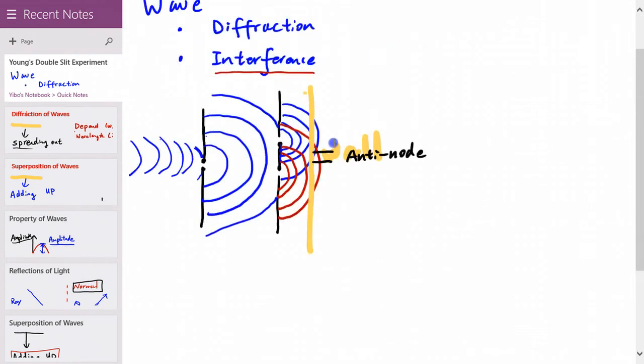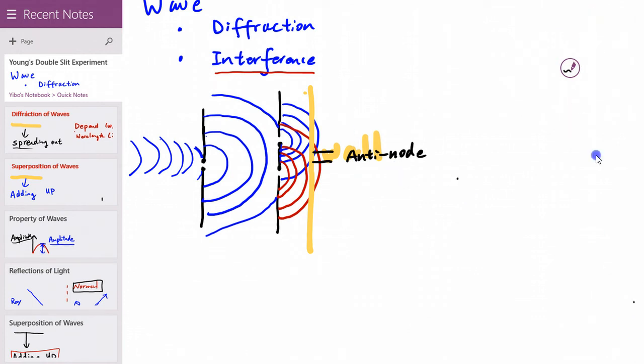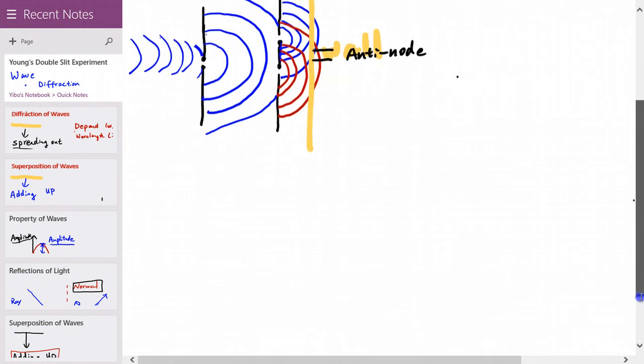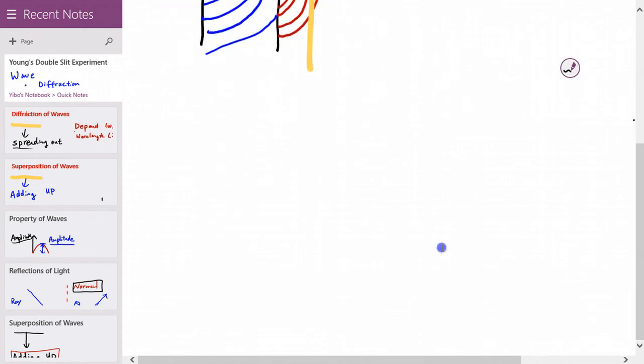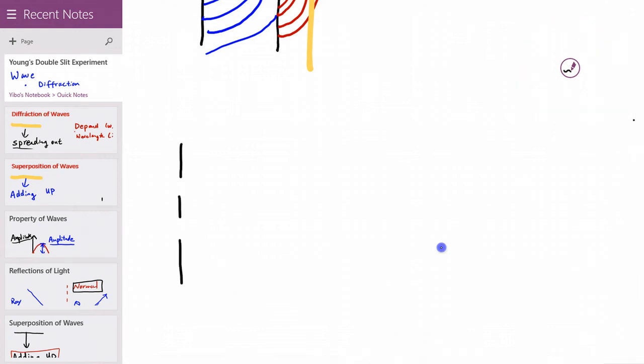Let's make this diagram simpler so I can show you the calculation part of it. I will have two slits, S1 and S2.